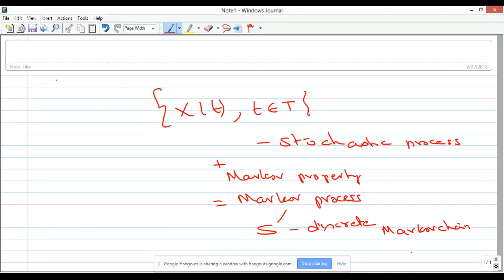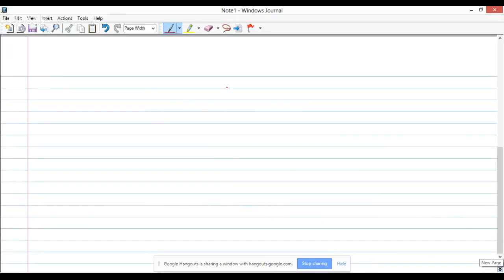After we land on the Markov chain, I classify it based on the parameter space, whether it is a continuous time Markov chain or a discrete time Markov chain. Therefore, I can move to the next slide. So now I have a Markov chain. Earlier, based on the state space, I made it a Markov chain.